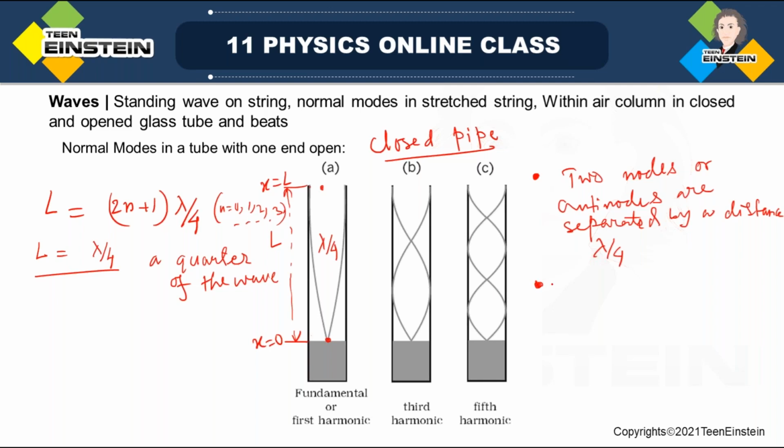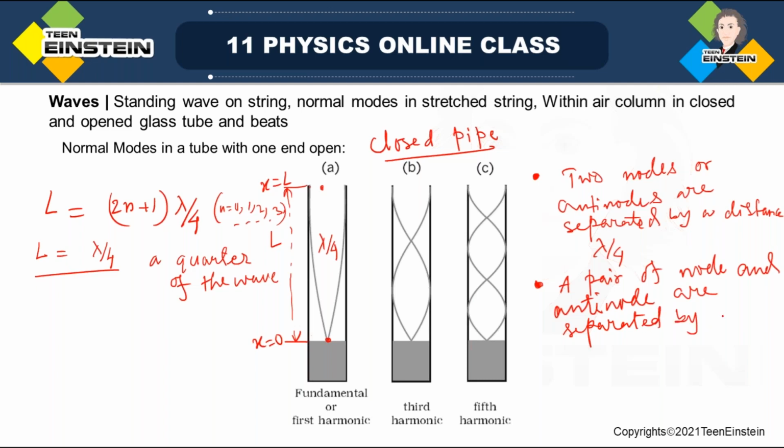Another point: a pair of node and antinode are separated by lambda by 4.